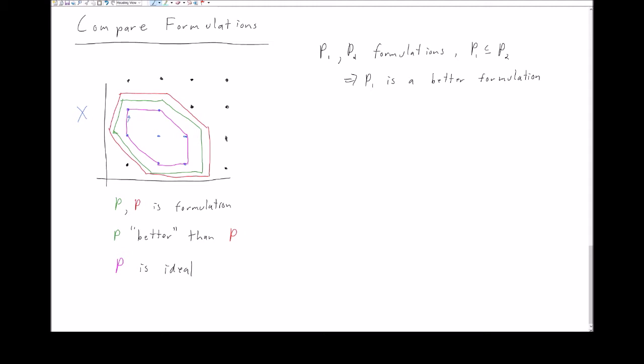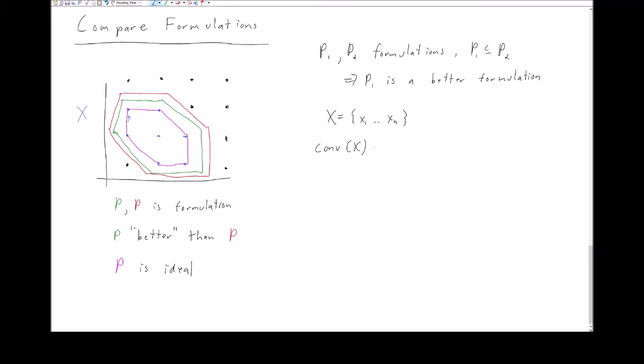We can make this more rigorous by talking about a convex set or a convex hull. The convex hull of X, and let's be a little bit more precise about exactly what X is, X is going to be a set of points, we'll say x1 through xn.